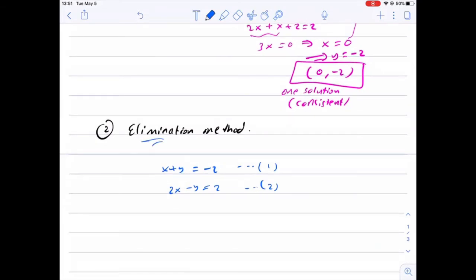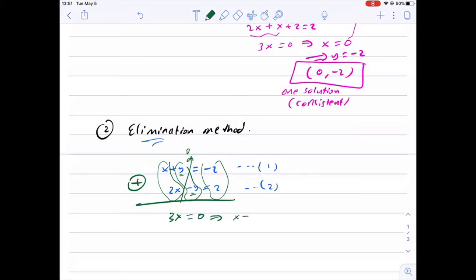We want to eliminate either x or y, but it's clear that it's easier to eliminate y because y here is positive, here negative. If we add the two equations, we add x to 2x, this is 3x, y to negative y, this is 0, -2 to +2, this is 0, and then we solve for x, which is 0. After finding x, we can substitute in any of the two equations to find y.